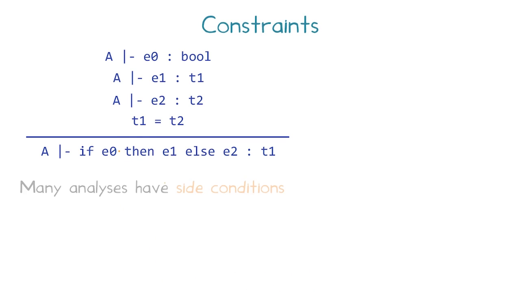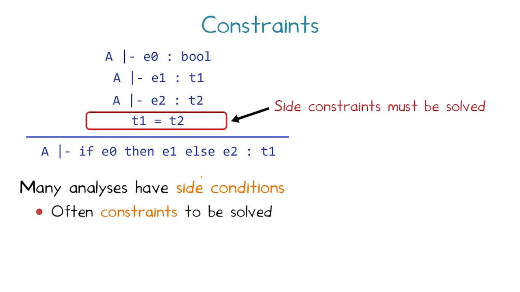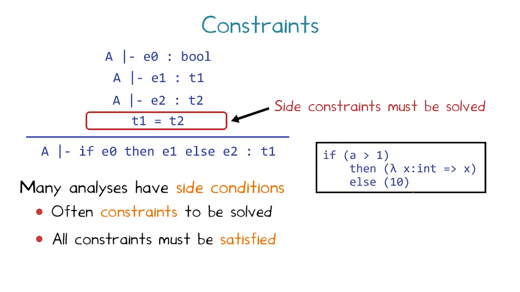These conditions occur in many type-based analyses. They are constraints that must be solved, that is, satisfied, in order to verify that the inference rule is properly applied. For example, consider the program: if a is greater than 1, then return lambda x colon int yields x, else return 10, in an environment where a has type int.